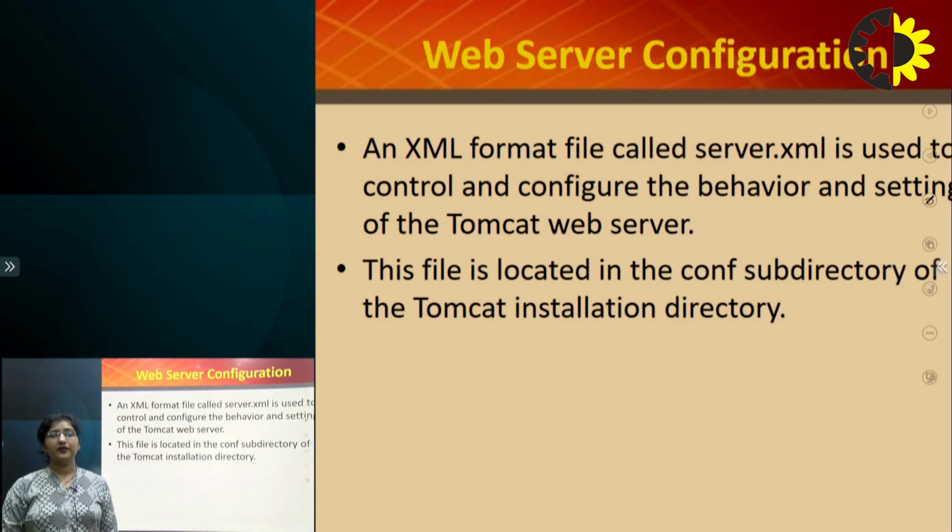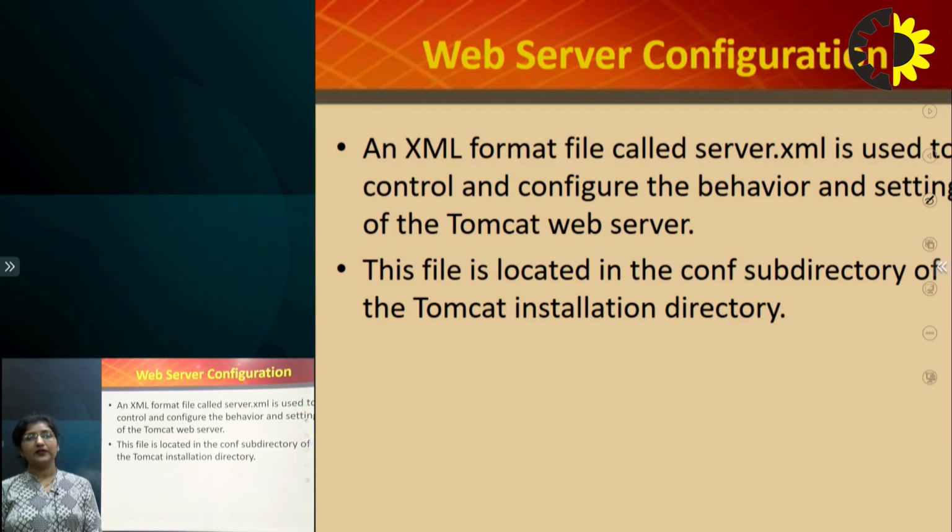How are these web servers configured? Because if I am using a server, a configuration is required. For that, we have an XML format file which is known as server.xml. This particular file is used to control and configure the behavior and settings of the Tomcat server which is required to run the servlet, because it is a server-side application.